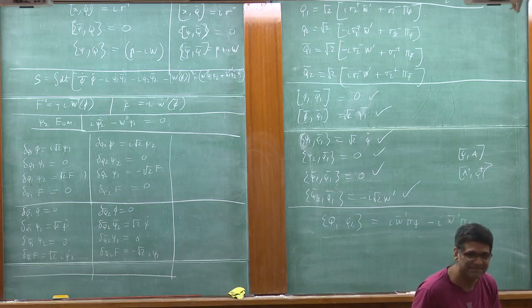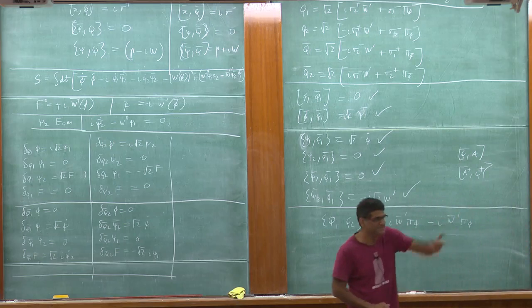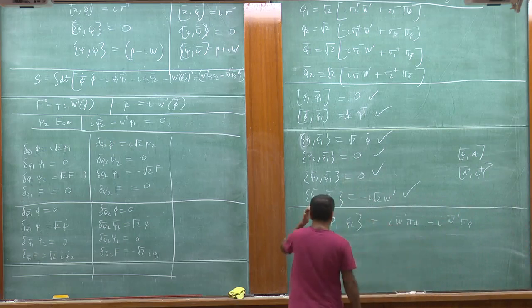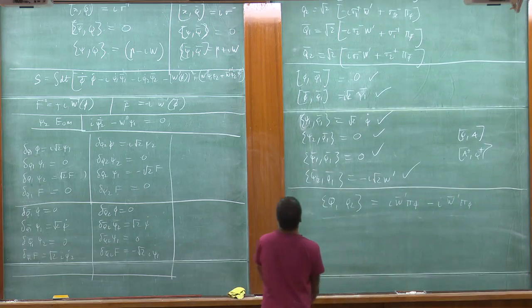Is this clear? Okay, great. Similarly, Q1 bar and Q2 bar will be 0, just the complex conjugate of this. Okay, what about Q1 with Q2 bar?